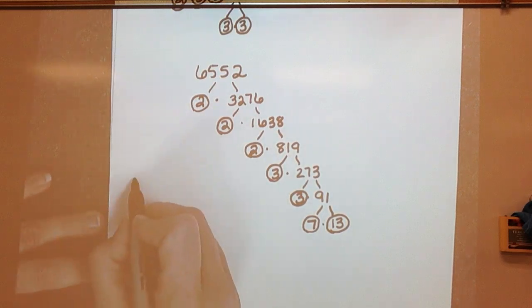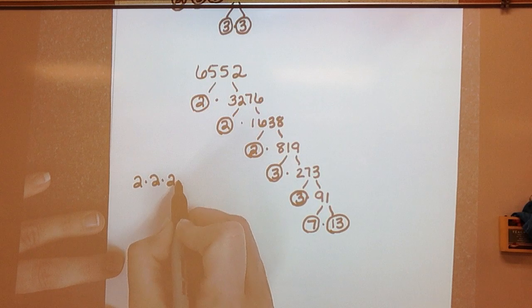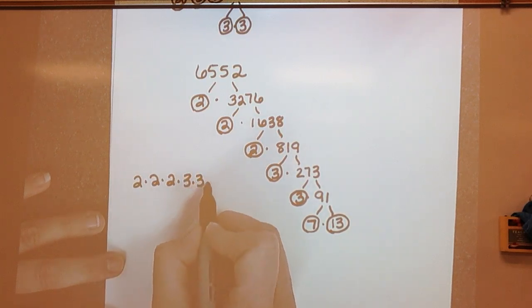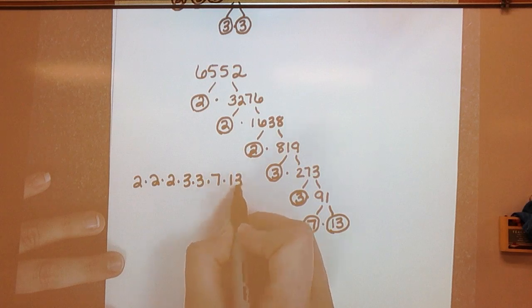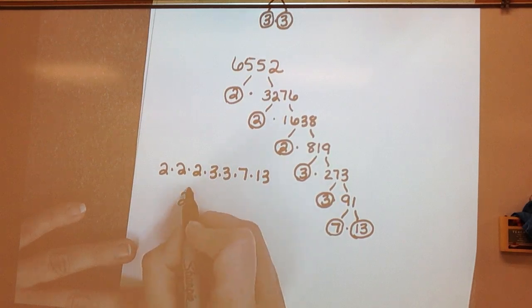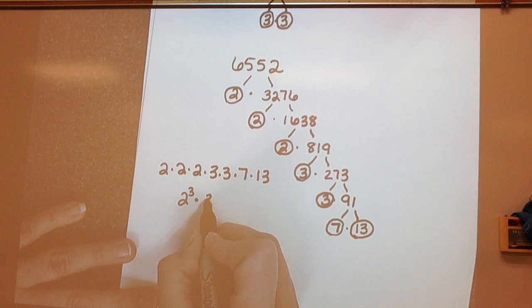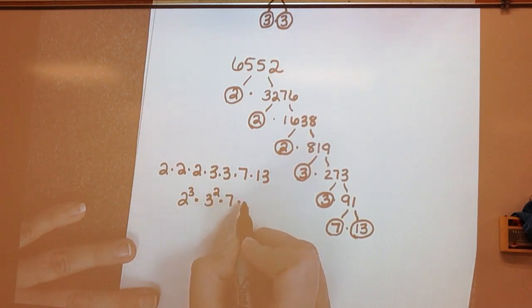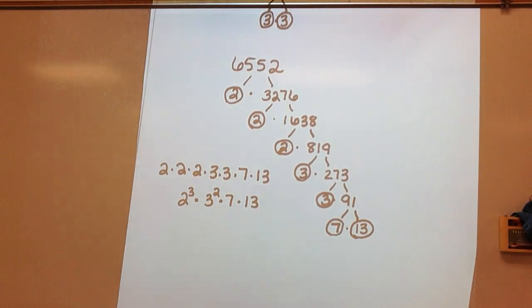That prime factorization is 2 times 2 times 2 times 3 times 3 times 7 times 13. Or like I said, as high schoolers, you're going to see it more written like this: 2 cubed times 3 squared times 7 times 13. If you want to check that, you can pull out your calculator and check to see if your prime factorization is correct.